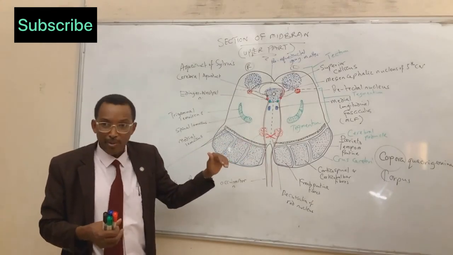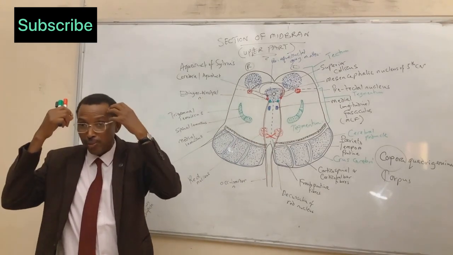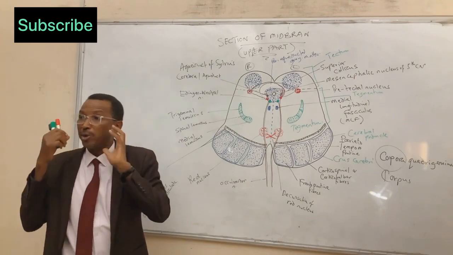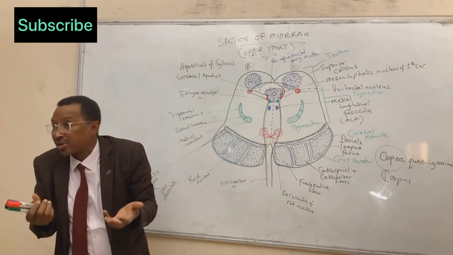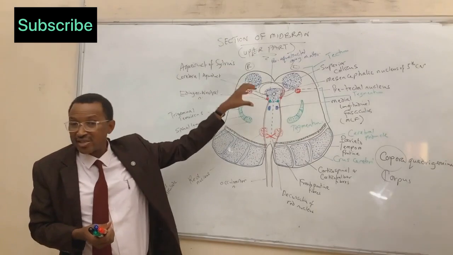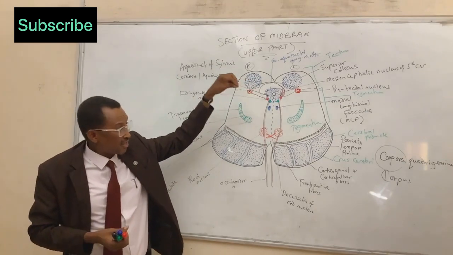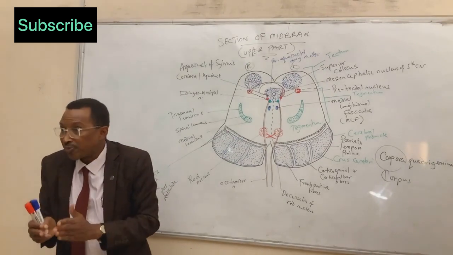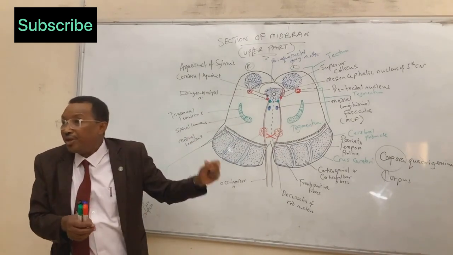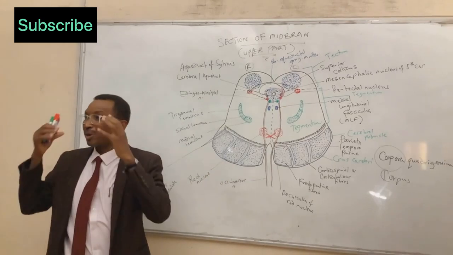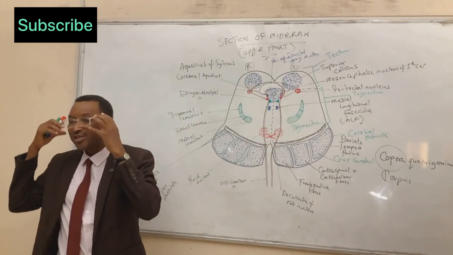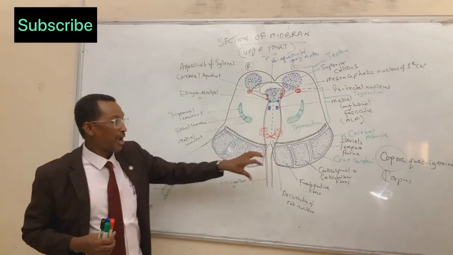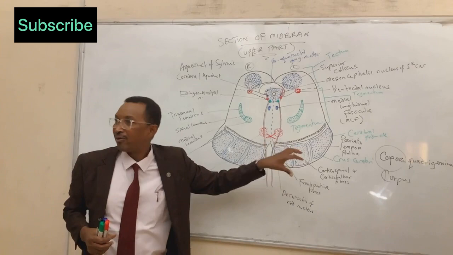Among these fibers, from the motor cortex, you have the area where the face is. I know that movement of the muscles of the face is by the cranial nerves. So those fibers coming from the face area of the motor cortex descend as corticobulbar fibers to go into the nuclei of the cranial nerves responsible for the supply of the muscles of our face. Are you clear? So those fibers are called corticobulbar fibers.